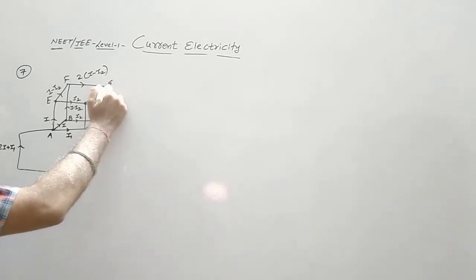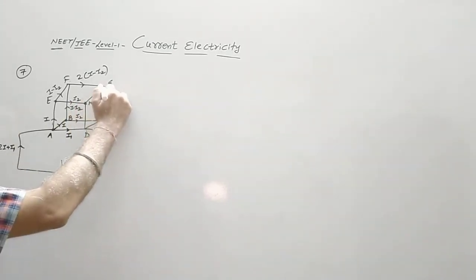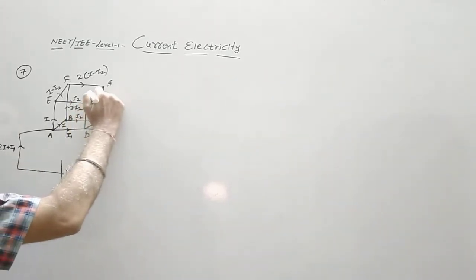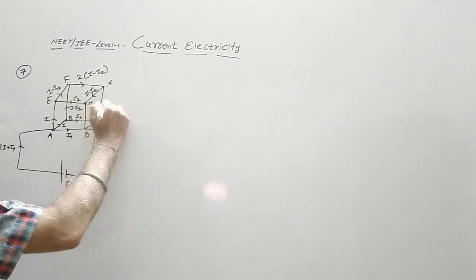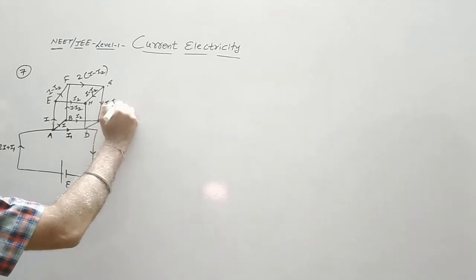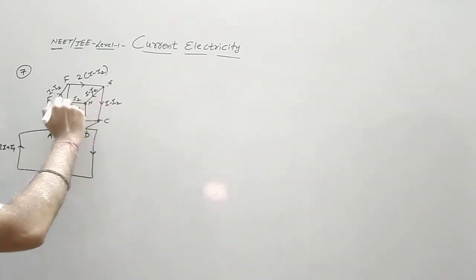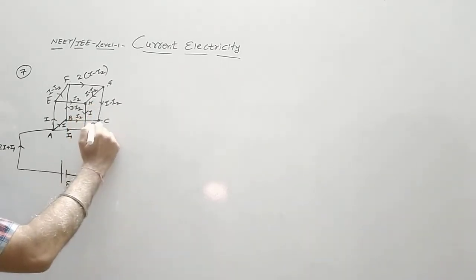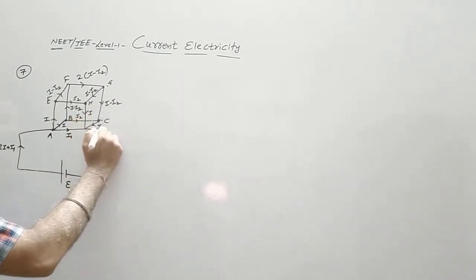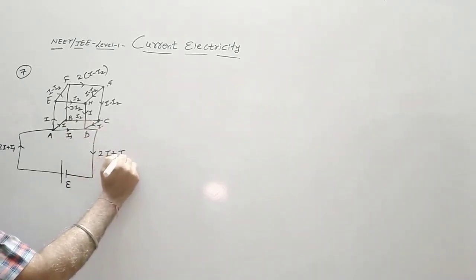Again we see the paths GH, HD, identical path, and GC, CD, identical, so the current will be equally divided. So it becomes I minus I2 here, and here it becomes I minus I2. Then at H, I minus I2 plus I2, the I2 cancels, so I. The same thing happens at C, I. So I1 again, we have 2I plus I1.